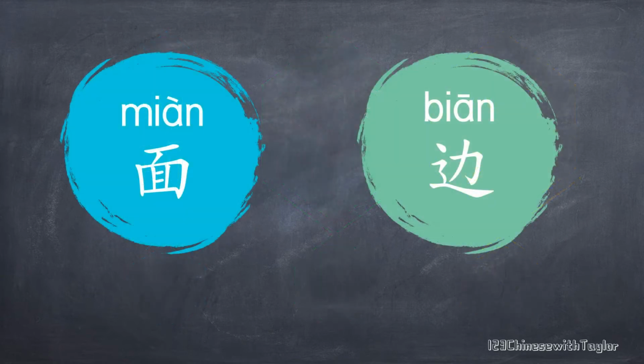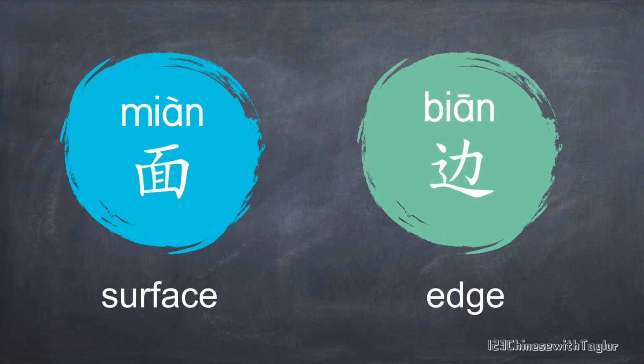These are the 2 characters that are usually used to combine with the 7 major characters we've learned to make words for directions. First one is 面. It's the same as noodles in Chinese. When it's used to describe directions, it means surface. And this one is 边, and means edge.